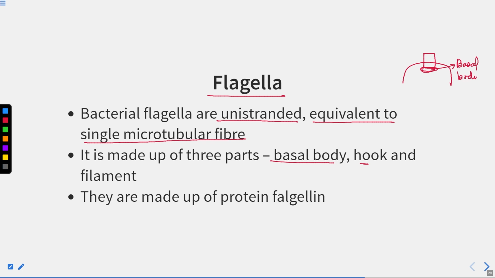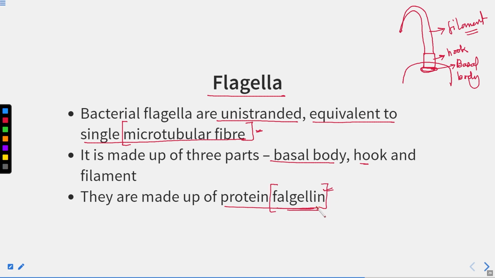A hook-like structure is there, and a filament-like structure. 3 parts. So this flagellum is present, and it is a single microtubular structure. It is made up of the protein flagellin. So this is the protein named flagellin, used for making the flagella.